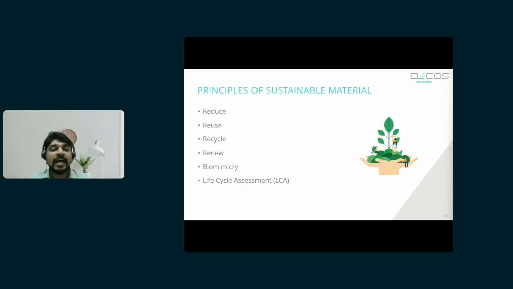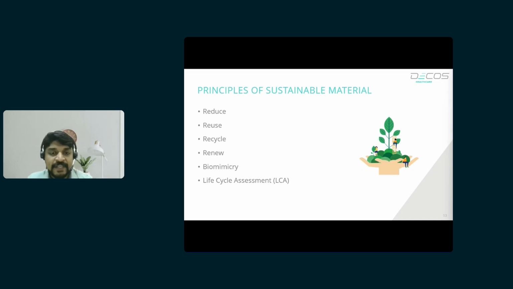This reduces reliance on finite resources and minimizes environmental damage. Biomimicry draws inspiration from nature to create materials with superior performance and lower environmental impact. Natural materials often exhibit remarkable properties like self-healing and biodegradability.